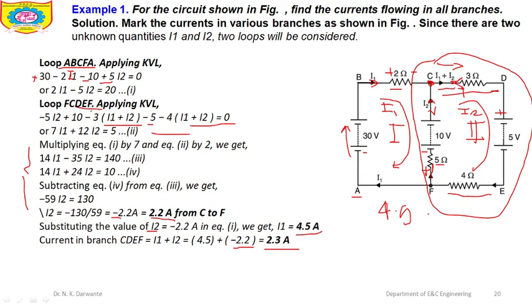The current flowing through here is equal to 2.3. Here the 4.5 ampere current gets split into I1 and one more current, which we can call I3, that is equal to I1 minus I2.